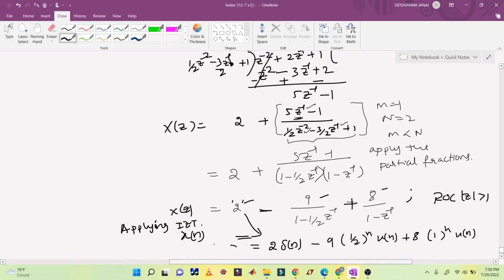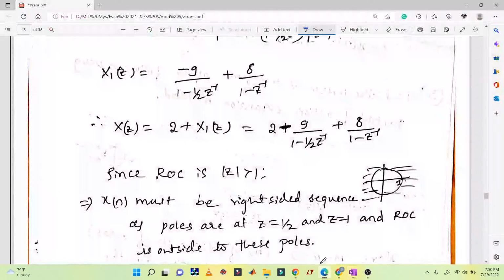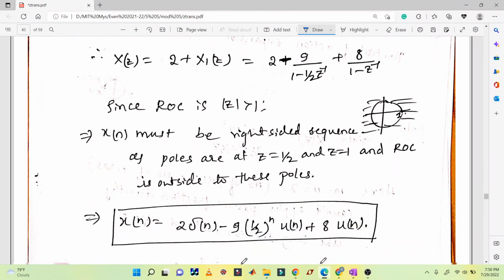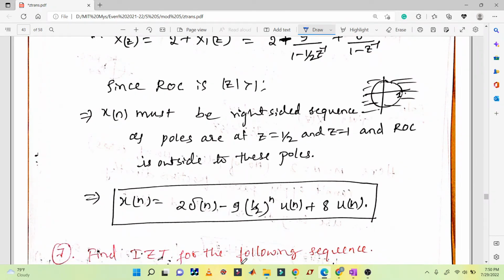This is our x of n. So you can see here, this is the answer we have got. Correct?